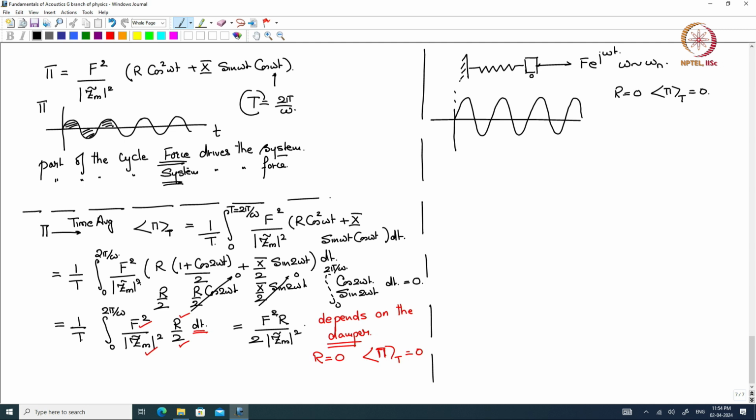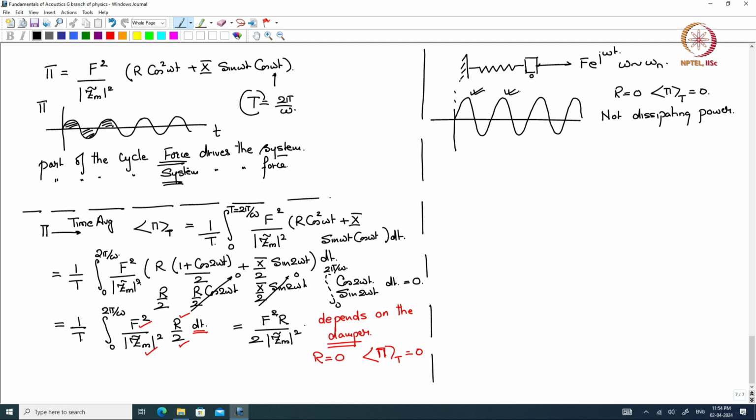So what does it mean? The forcing agent says I am not dissipating any power because R is 0, and yet I am getting these huge amplitudes.